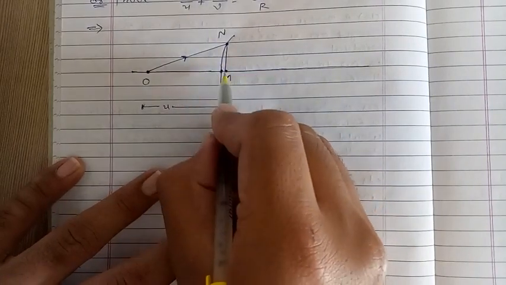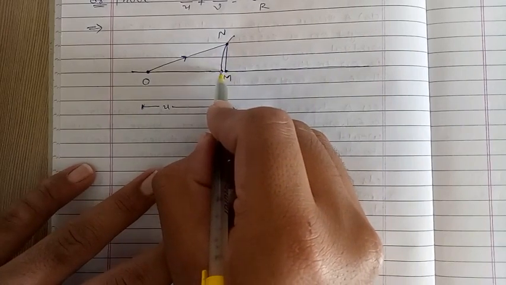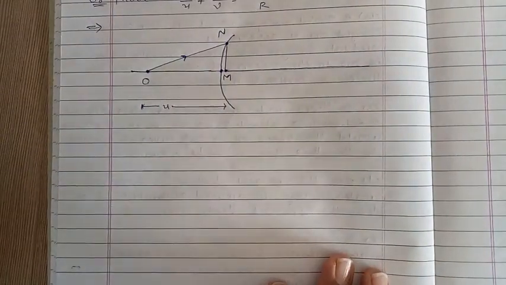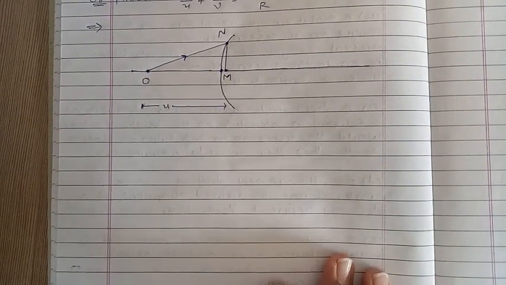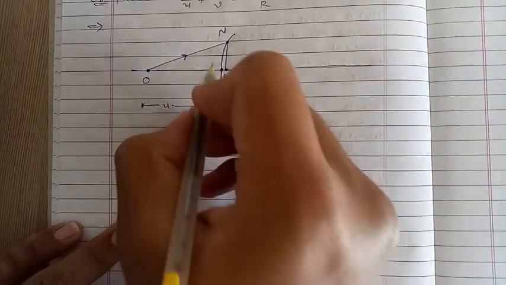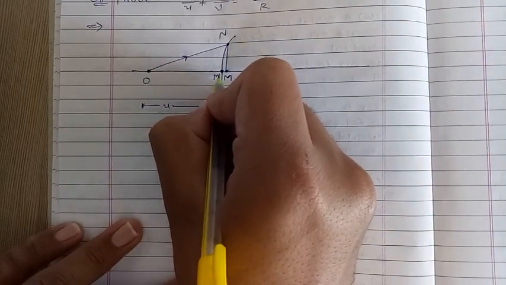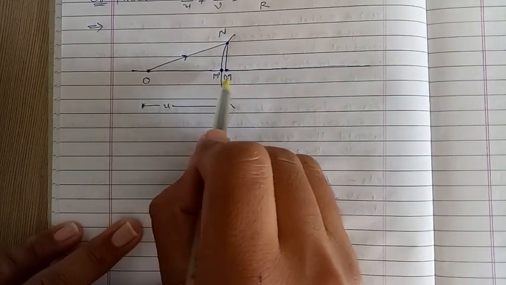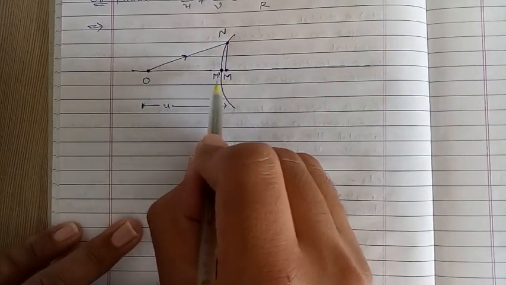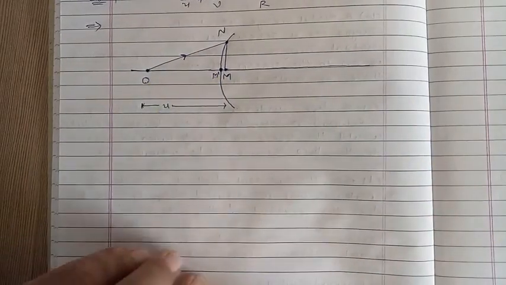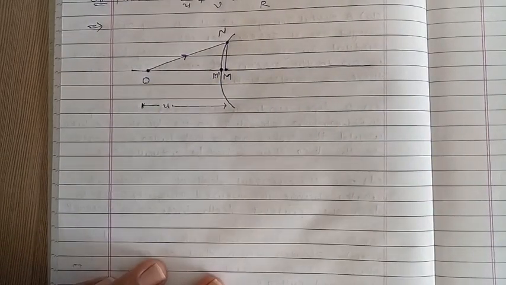So the distance between M and the center of the spherical surface is very small, so this is a negligible distance, right? So here I take this point M dash, and the distance between M and M dash is very small, so we can say that OM dash is equal to OM, right? Because the distance between M and M dash is very small.